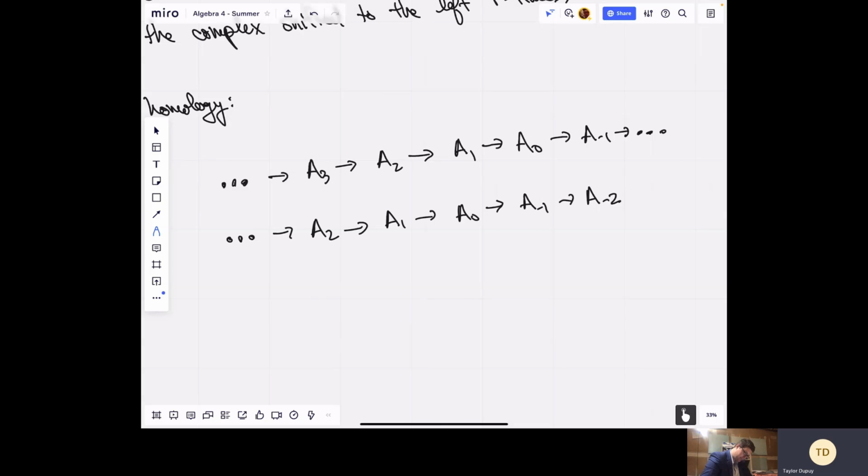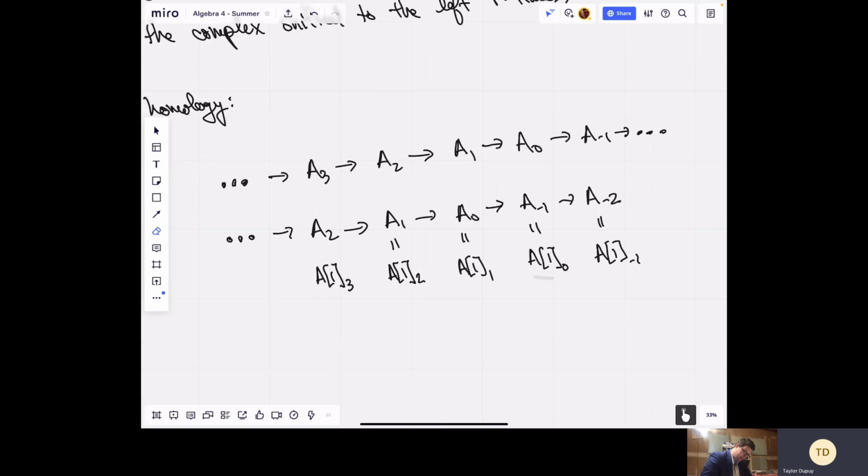Okay, so this thing here, this is A[1]_0, this is A[1]_{-1}, this is A[1]_1, this is A[1]_2, this is A[1]_3. The thing is that this is the same complex, and this part here sits in degree 0 now.